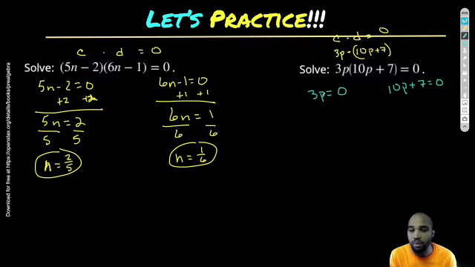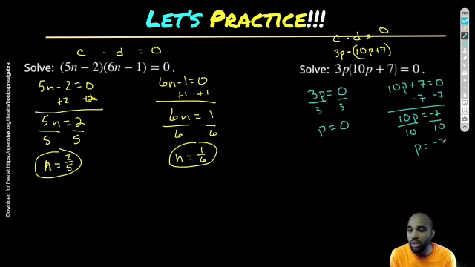Well, to get p by itself, I'm going to divide by 3, and p equals 0, because 0 divided by anything is 0. So I put 0 there to get one solution, and subtract 7 over here. 10p equals -7. Divide both sides by 10, and I'm left with -7 over 10. So -7/10. Those are the 2 solutions I could get that would give me a 0 here.